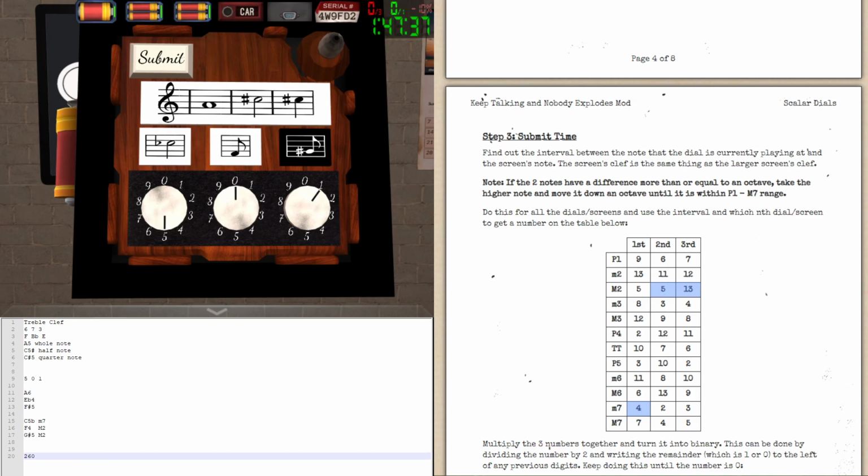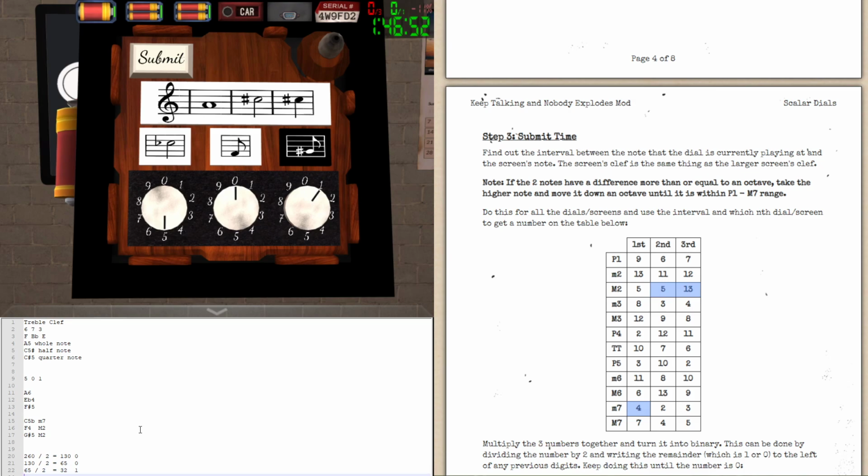And then we gotta convert this into binary. 260 divided by 2 equals 130, remainder 0. 130 divided by 2 is going to equal 65, remainder 0. 65 divided by 2 is going to equal 32, with a remainder of 1.